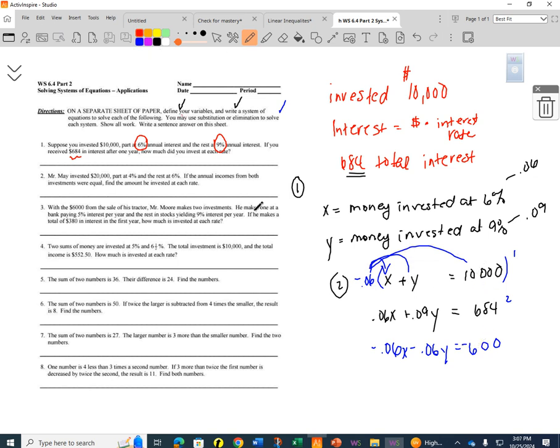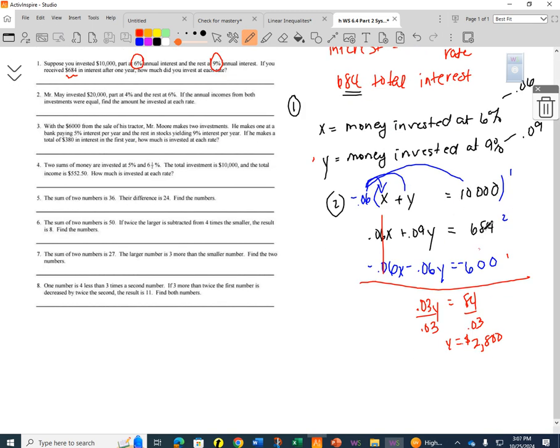So now I'm going to add, so this is my new version of this equation. So now I'm going to add these together. That's going to let me eliminate the x's. Now I have 0.03y equals $84. I'm solving for y. Divide by 0.03. And now I know that y is $2,800. So this is y. Now to find x, remember, all we have to do is take our y and plug it back into one of our equations.